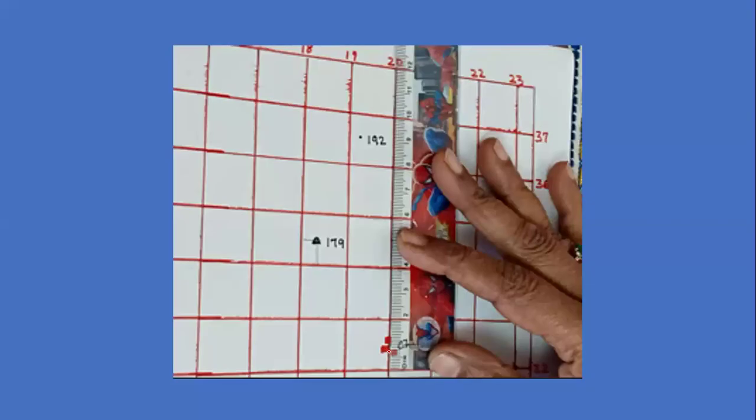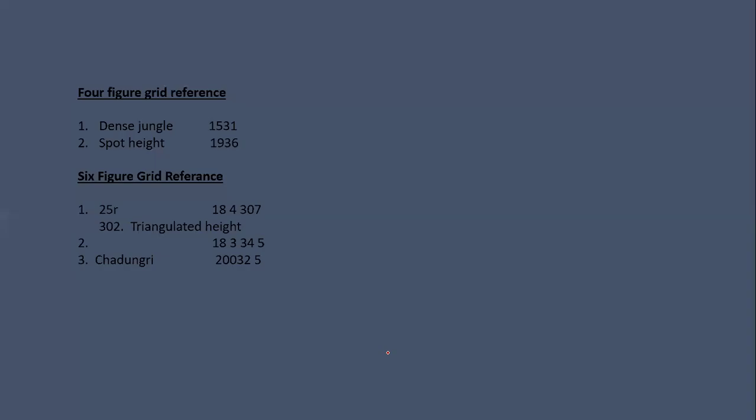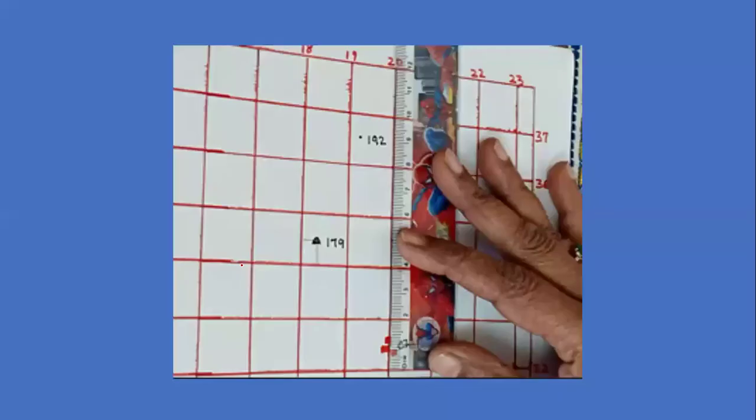So 325. The 6-figure grid reference will be 200325. If the third place comes on the easting or on the northing, then the third place will always be 0. This is how we find the 6-figure grid reference.